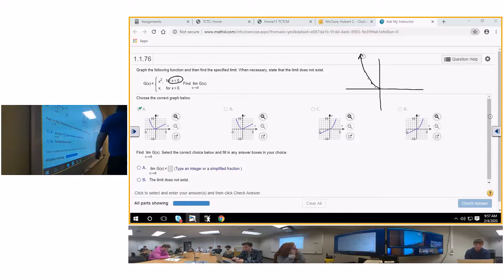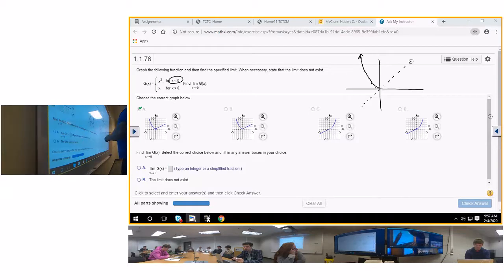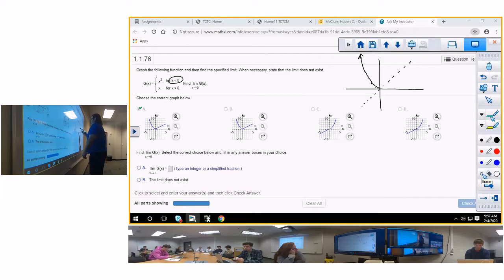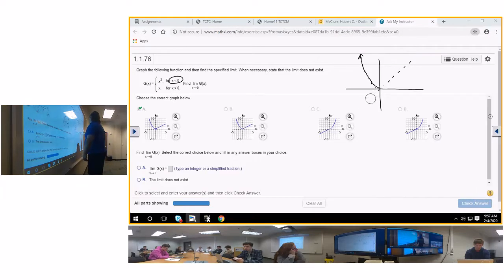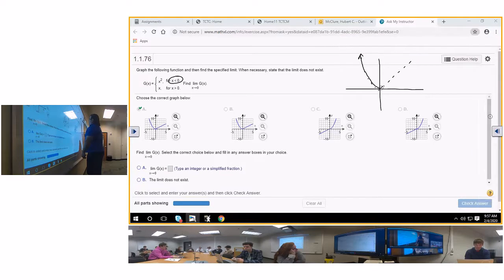X is a 1-to-1 function, which means a 45-degree angle. And we can use numbers, what? Greater than 0. So that takes away this side. But do we touch 0?